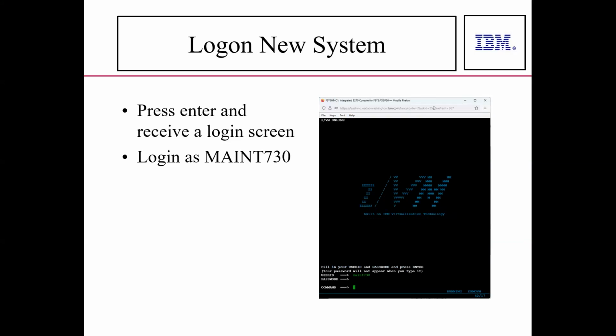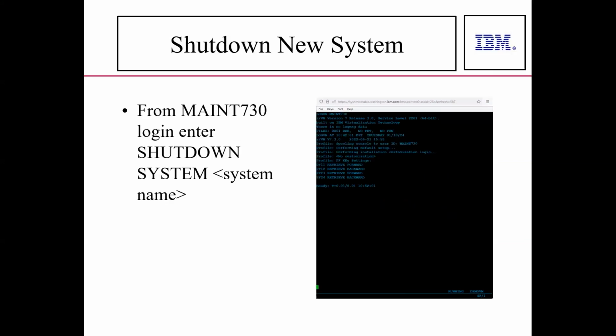And so we'd type in maint 730 as the virtual machine. I could type operator if I wanted to, but I'll log on to maint 730 and use my secret password. And what I'll see then is I'm logged on to maint 730 in demo VM. So now I want to shut down this VM system clean.